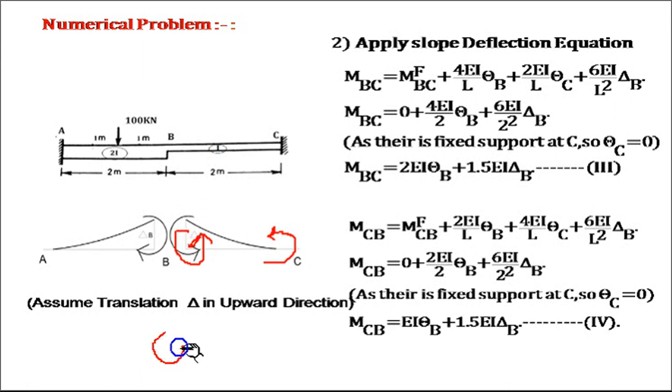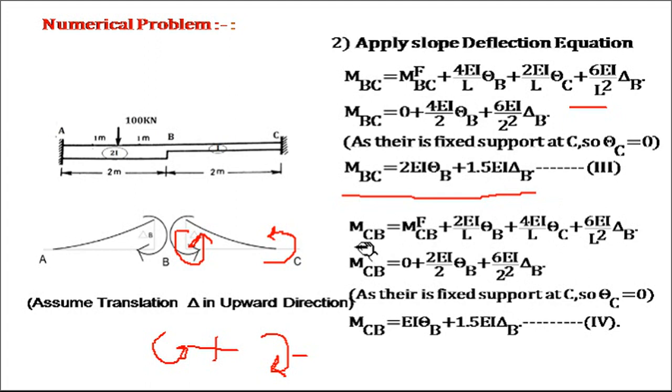Our sign convention is anti-clockwise positive and clockwise negative. Here it is anti-clockwise, so positive. The fixed moment for member BC is 0. Put the moment of inertia as I only, length as 2 meters, and we get the moment equation for member BC as 2EI theta B plus 1.5EI delta B.